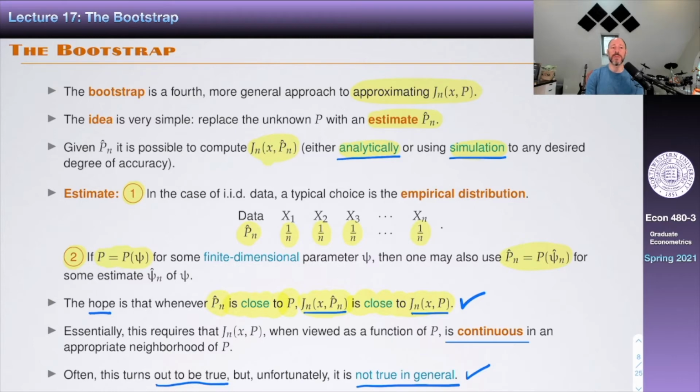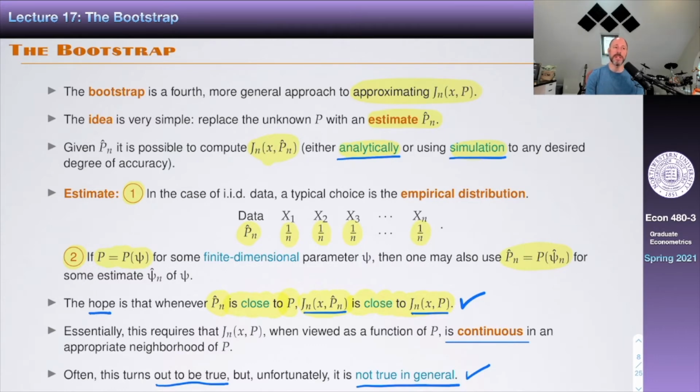That is more popular than you may know, but it should always be questioned whether there are hopes that the Bootstrap will work or not. This is not something that I want to cover in this class. In 481, we talk about regular and irregular cases, and we hopefully get a better sense of when the Bootstrap would be expected to work or not.